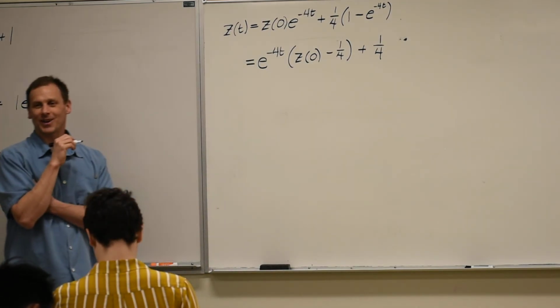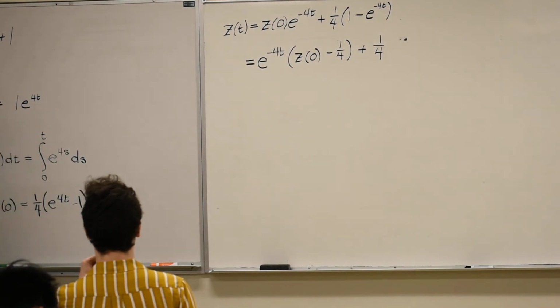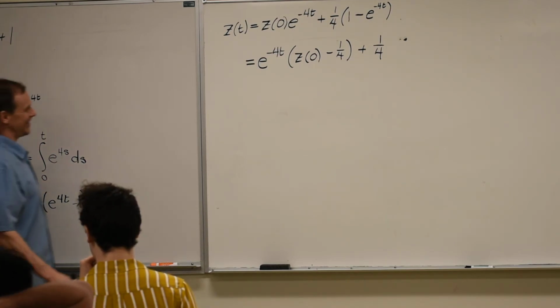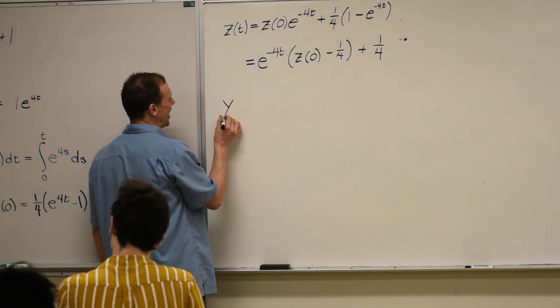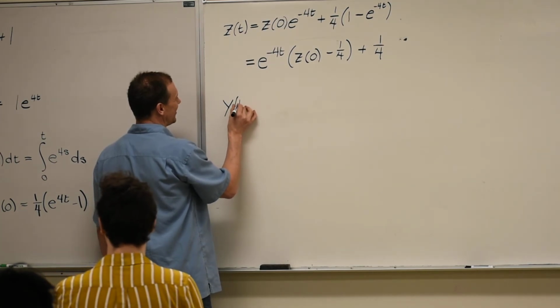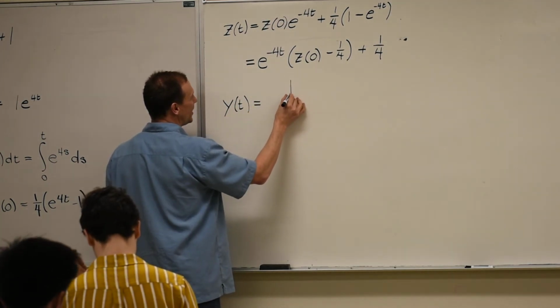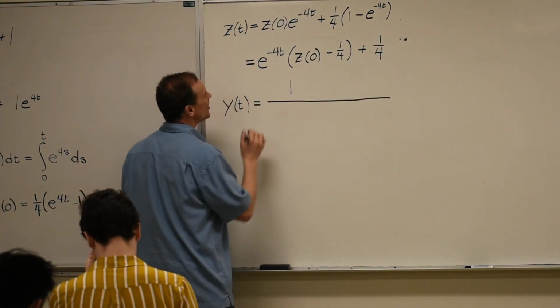Oh, we wanted y. I know. But remember, if z is 1 over y, y is 1 over z. So, oh man, this gets good. Watch this. So it becomes y of t is equal to 1 over this piece.